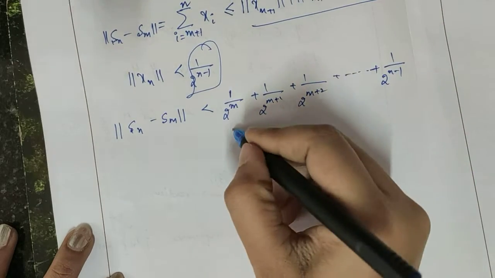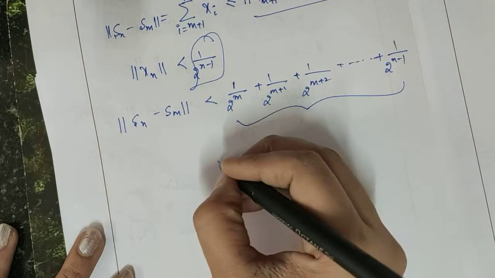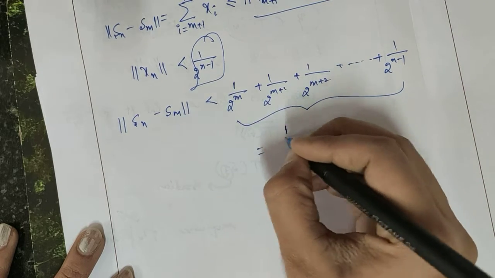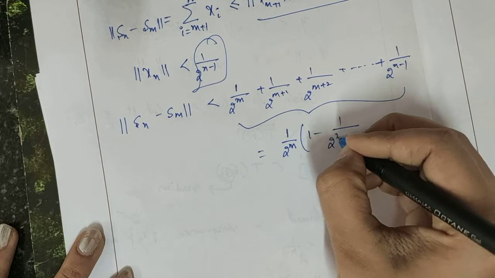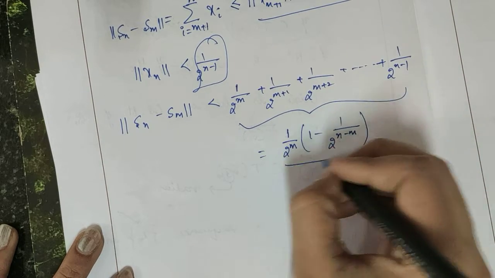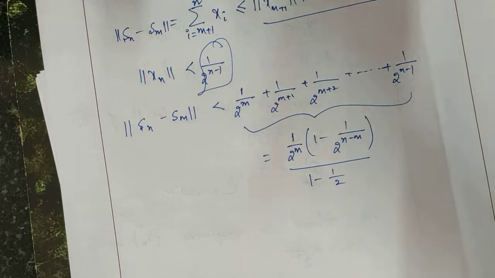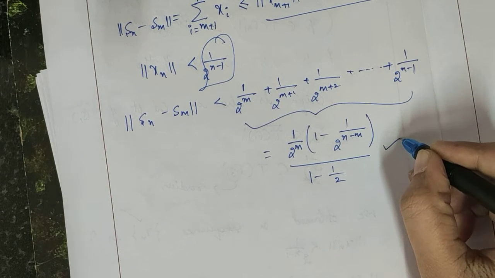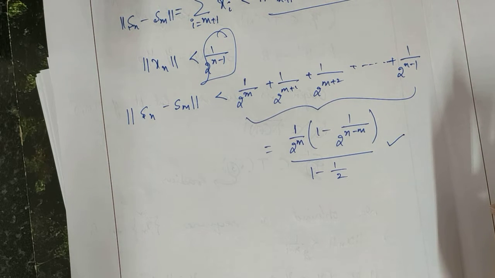If you observe this part, using geometrical progression, you can write this as 1 over 2 power m into 1 minus 1 by 2 power n minus m divided by 1 minus 1 by 2. We can write this using the formula Sn is equal to a into r power n minus 1 by r minus 1.